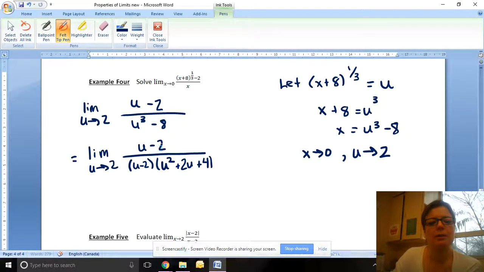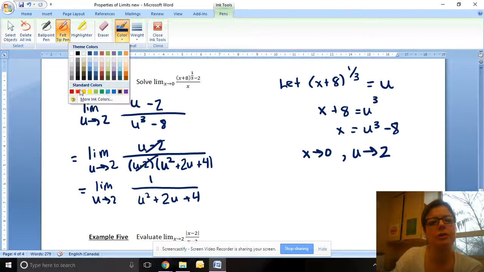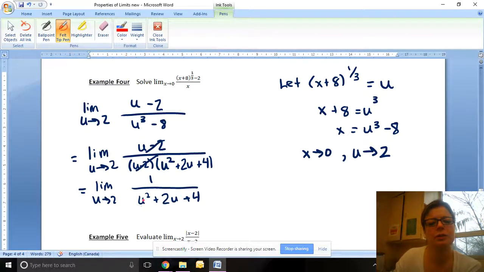Oopsie, these cross off, and after those cross off, I'll rewrite it. You get the limit as u approaches 2 of 1 over u squared plus 2u plus 4. Now you're able to just substitute in 2.